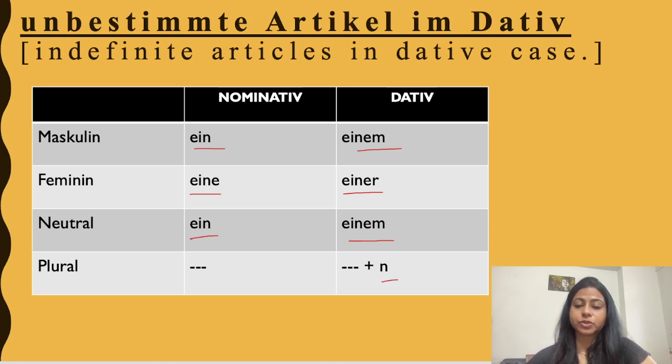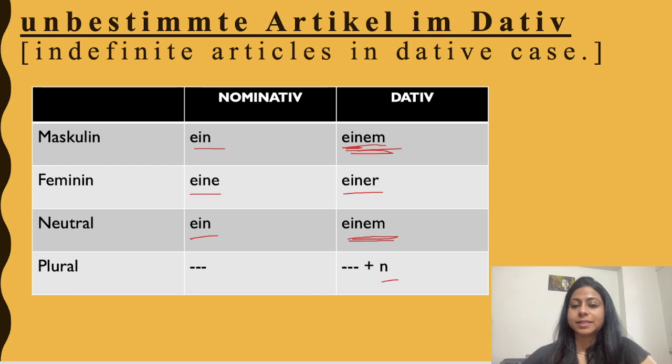Okay, in this case also you need to remember that the article in masculine and neutrum are the same. If you see einem and einem, it is the same. Again, you just have to remember, like we discussed definite articles, it's dem. So if you remember ein, you just have to add ein. Dem, you have to remove d, einem.